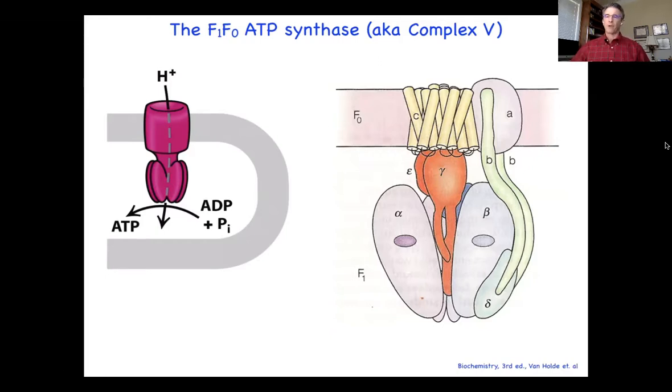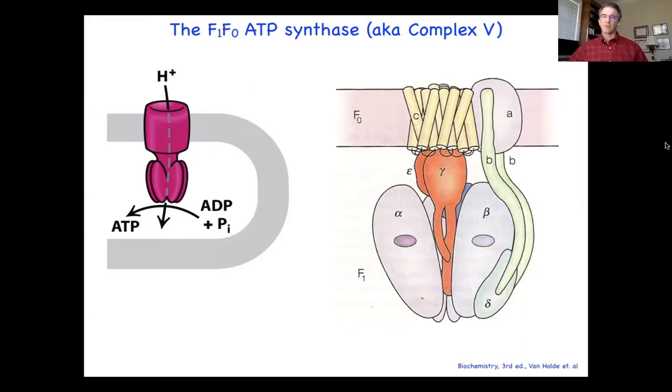So we have a trimer of heterodimers that make the main part of this ball. There's a so-called delta subunit that connects to one of the beta subunits, and it bridges the F0 and the F1 because it makes contact both with one of the beta subunits and also with those extended B subunits that rise up from the F0.